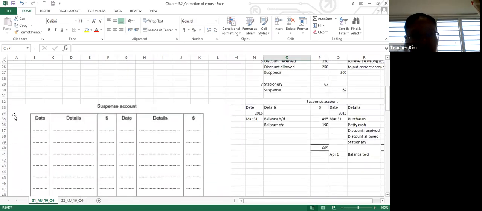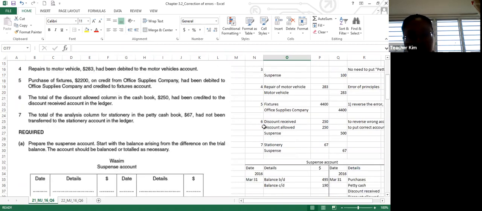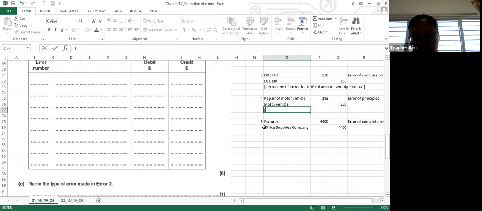Okay, question 4, the number 4 error: repair to motor vehicle has been debited to the motor vehicle account. So here you can say correction of error for repair of motor vehicle.